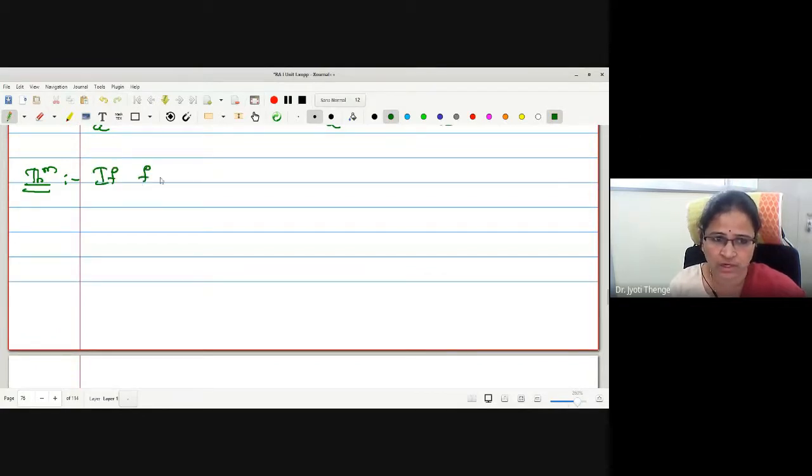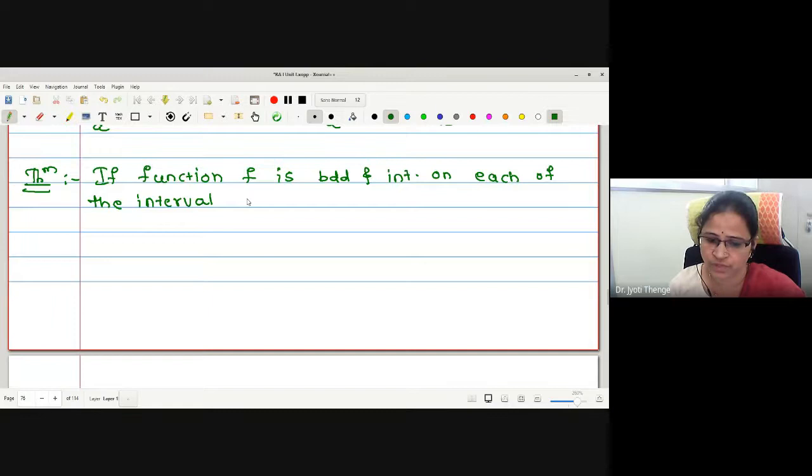Let me write a statement. If a function f is bounded and integrable on each of the intervals AC, CB and AB, where C is a point of the closed interval AB.